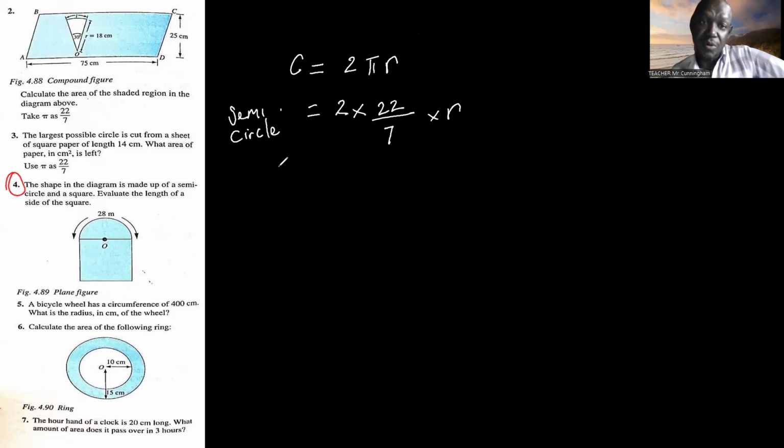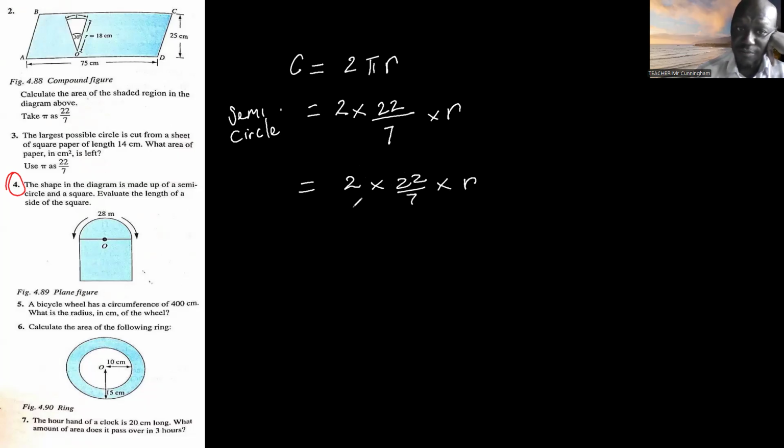So everything here we have to divide by 2. So 2 by 22/7 multiplied by r, and we divide it by 2, or we multiply it by a half.